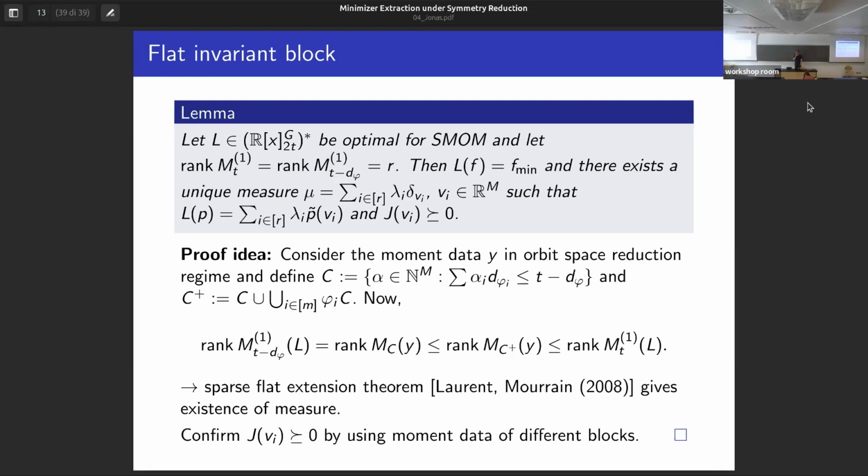And I was wondering whether you could do an extension of Curto-Fialkow, such that if we have the flat extension in the adapted setting, we can have some adapted measure. So it wouldn't be finitely atomic in the original problem, but it would be finitely atomic in the new adapted setting. Yeah, so I think that would be cool, right?